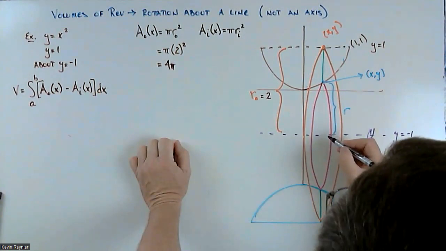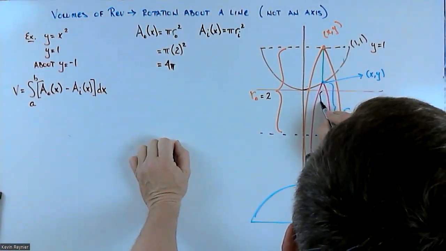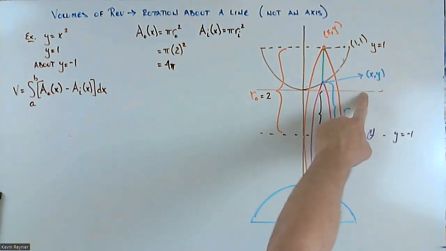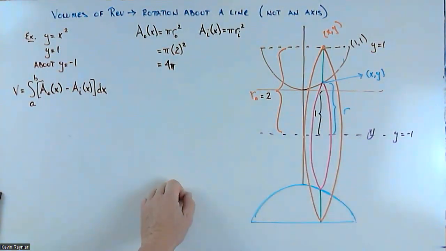Those brackets are going to go from our axis to our axis of rotation, just like they did in our previous problem. This is the line y is 0. This is the line y is -1. So we know that distance is 1. It goes from a horizontal line to a horizontal line. That distance never changes.